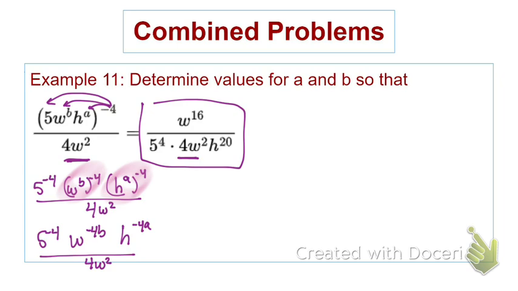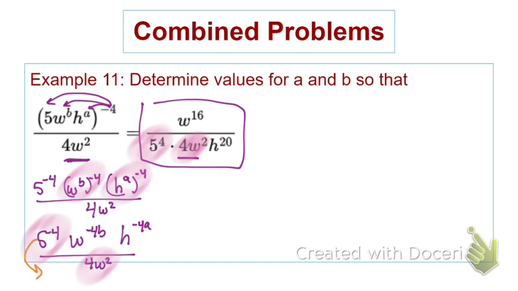I still have the 4w squared in the denominator, but I need some other things in the denominator. I need to get this part with the base of 5 in the denominator. And if I look over on the left-hand side, I can see that's actually going to happen pretty easily, because my factor that has a 5 in it has a negative exponent, and we know that things with negative exponents like to move and become positive exponents.